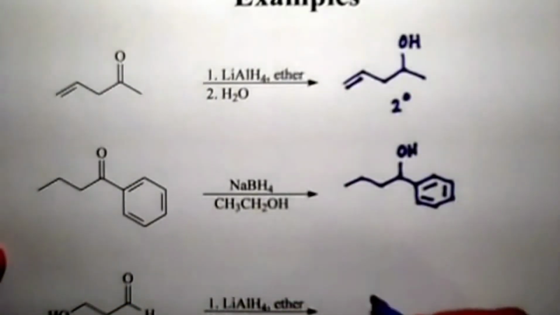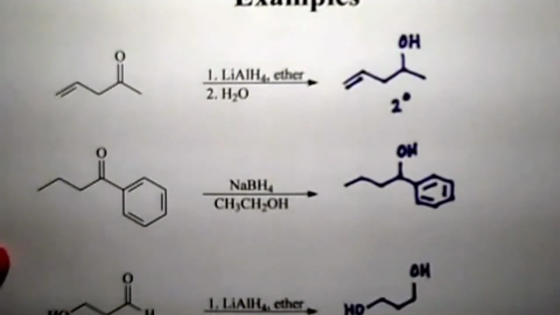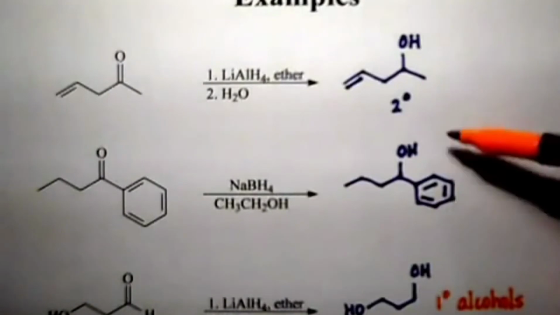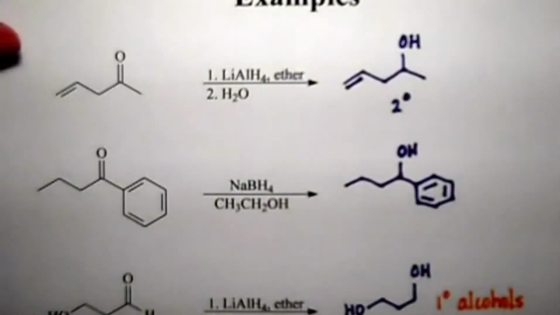Lithium aluminum hydride can only reduce the carbonyl. So it will take that aldehyde to the primary alcohol. So aldehydes are reduced to primary alcohols. Ketones are reduced to secondary alcohols, and we have 2 examples of that.